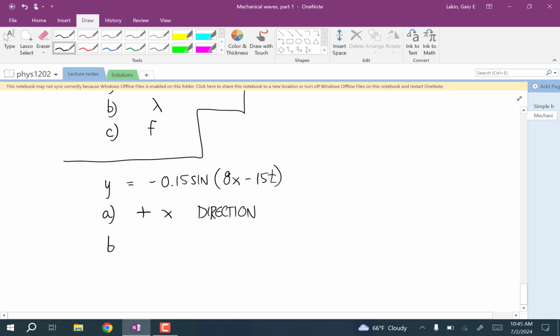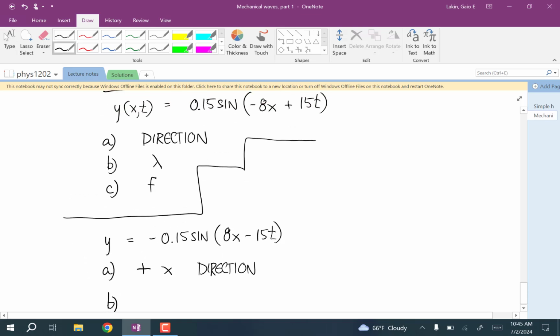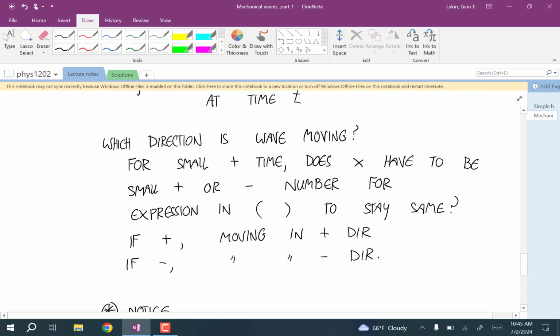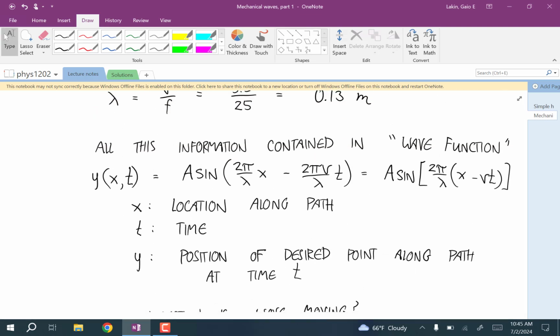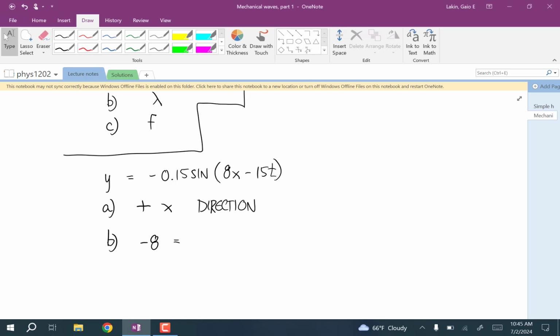Second, the wavelength. Well, we're going to use the form of this wave function to answer this question. So we know that the thing multiplied by the x in the wave function here is -8. We also know from the form that I gave you for the wave function that the thing multiplied by x has the form 2 pi over lambda.